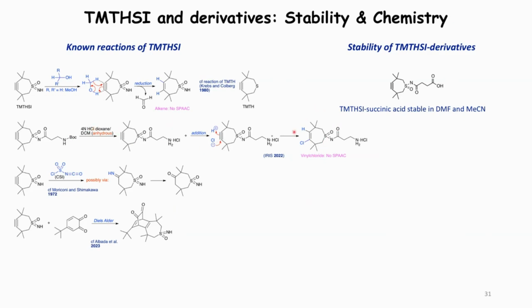And you obtain this vinyl chloride, which is also no longer susceptible to strain-promoted cycloaddition. From the literature, it's known that other 1,3 dipoles can react with the triple bond. Now, there are not that many 1,3 dipoles around, so actually virtually none except for the azide if you introduce it. So this is not a major problem, I think.